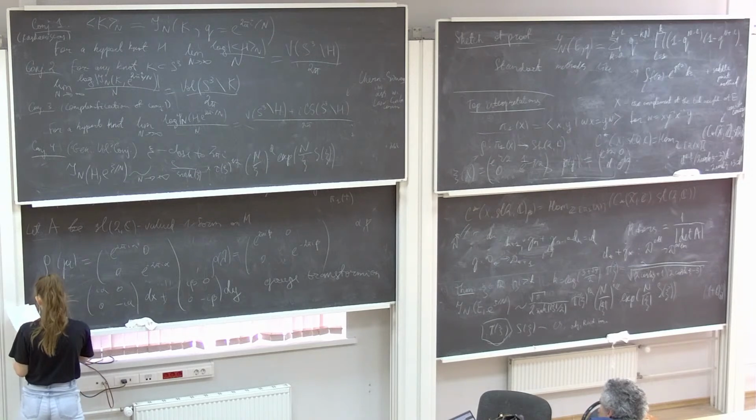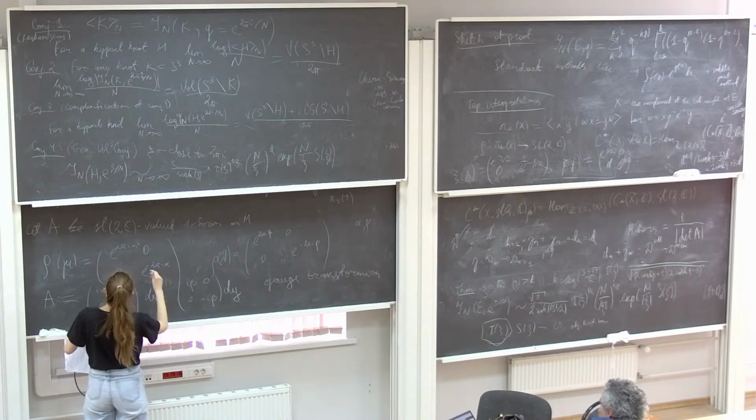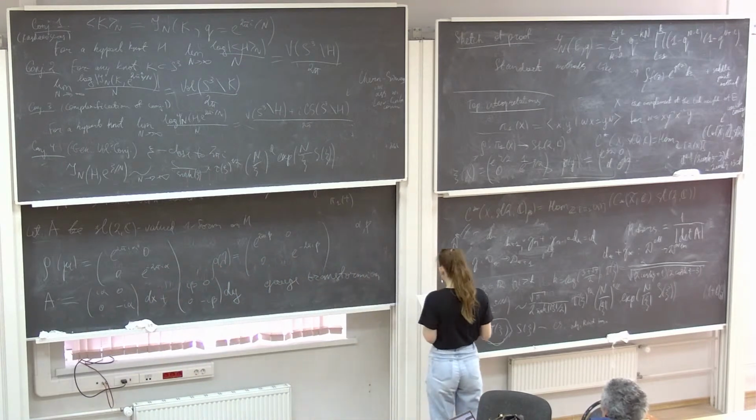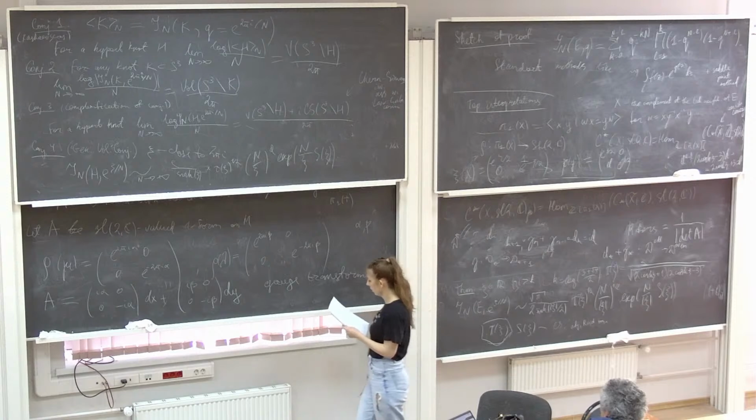Here this one corresponds to mu and lambda, and then the Chern-Simons invariant can be defined.